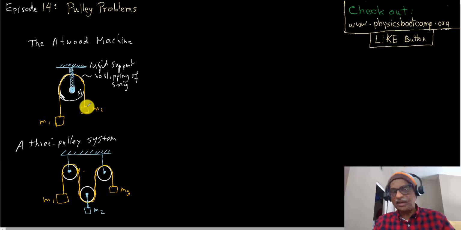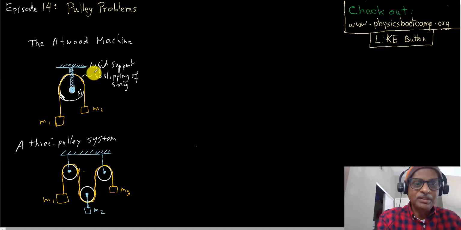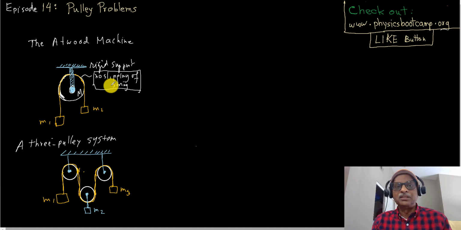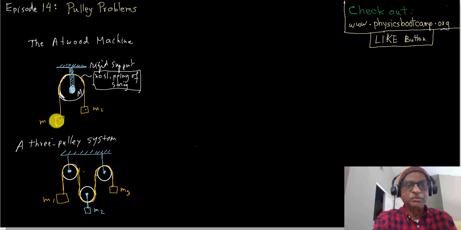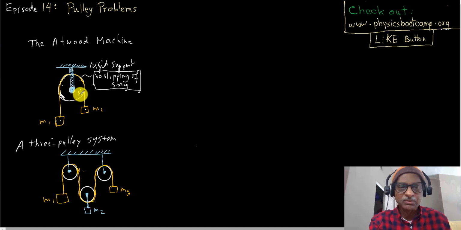Later on, we can say, okay, what if the pulley mass was 0, there was no friction, and we will not let go of this. If there is slipping of the string, then basically the motion of these two blocks somewhat decouples from the motion of the pulley itself.